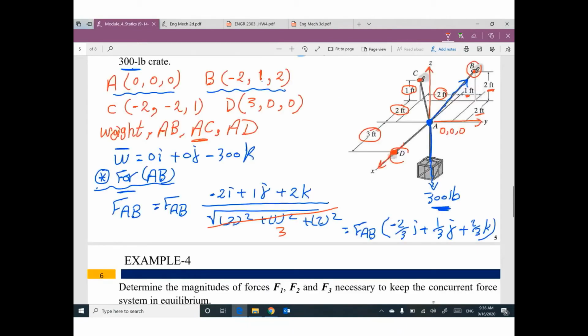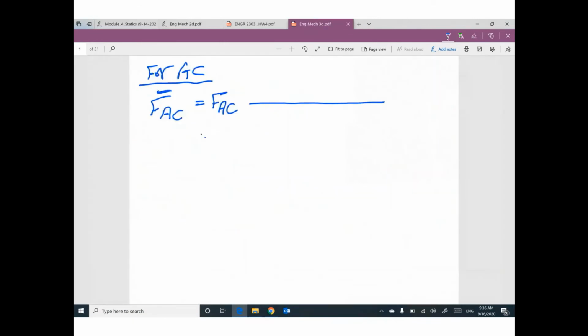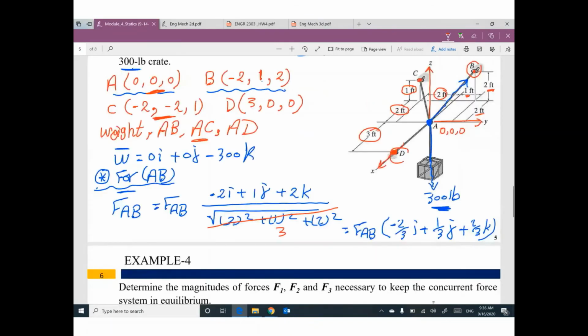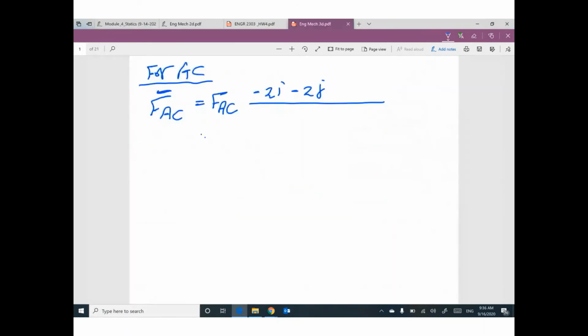Point C minus point A: -2 minus 0, -2 minus 0, +1 minus 0, I'm sorry, for point C. So it will be -2i, -2j, +1k, divided by the square root of 2 squared plus 2 squared plus 1 squared.